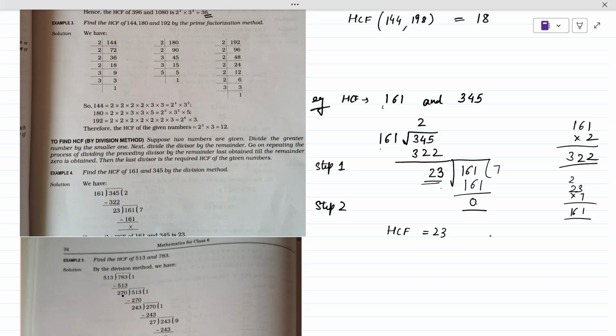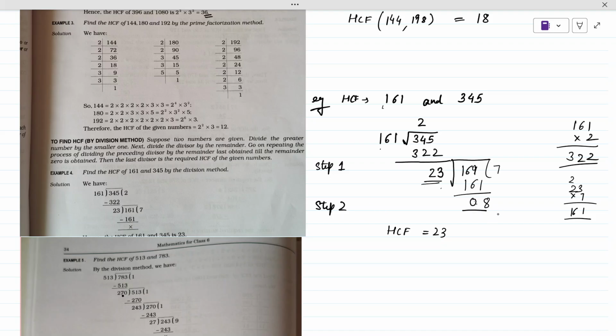Now consider a scenario. Let's say, just as an example, instead of 161 I have 169 here. If I have 169 here, in that case my remainder would be 8. So we would have to take another step.